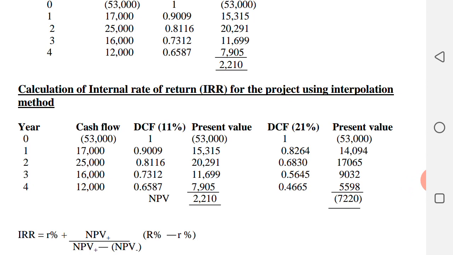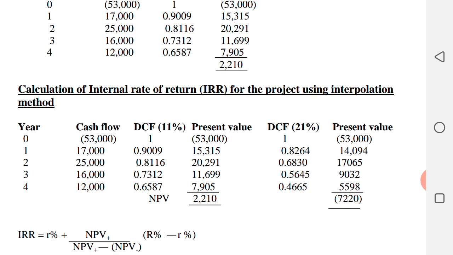Then we look at a particular discount rate that allows the project to be negative. In most cases, in your exam question, you don't need to bother yourself with calculating different rates. Just look at any higher rate. In most cases, when you multiply the rate that makes it positive by 2, you should be able to have a negative present value.